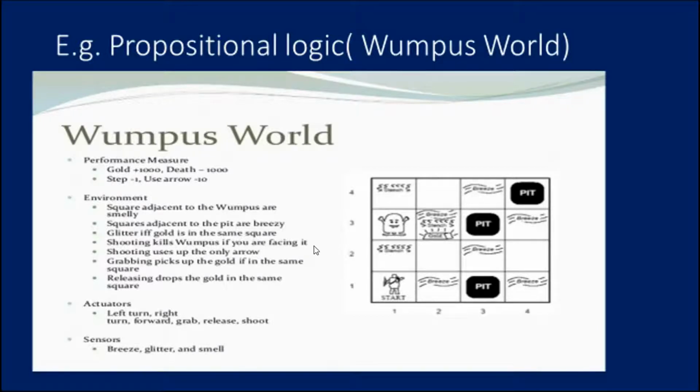The exciting thing about this cave is that in one room there is a possibility of finding a heap of gold. So the agent's goal is to find the gold and climb out of the cave without falling into pits or being eaten by the Wumpus. The agent will get a reward if he comes out with the gold, and a penalty if eaten by the Wumpus or if he falls into a pit.